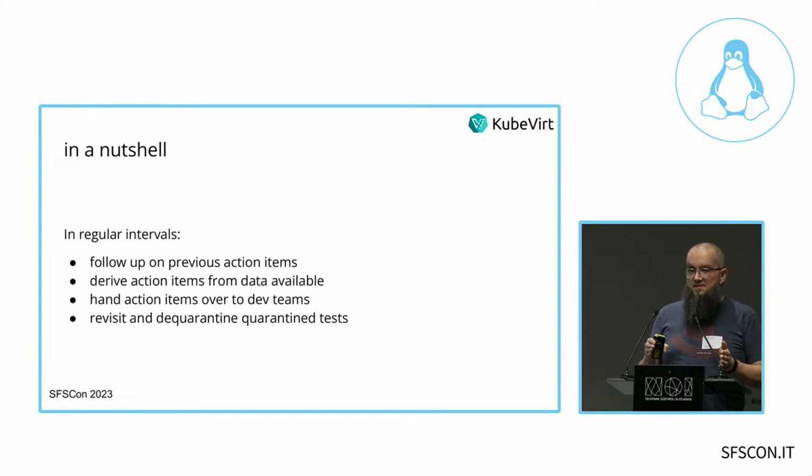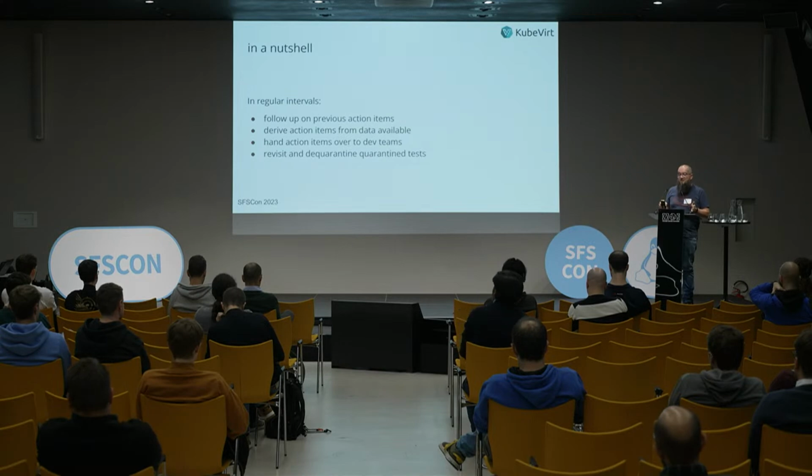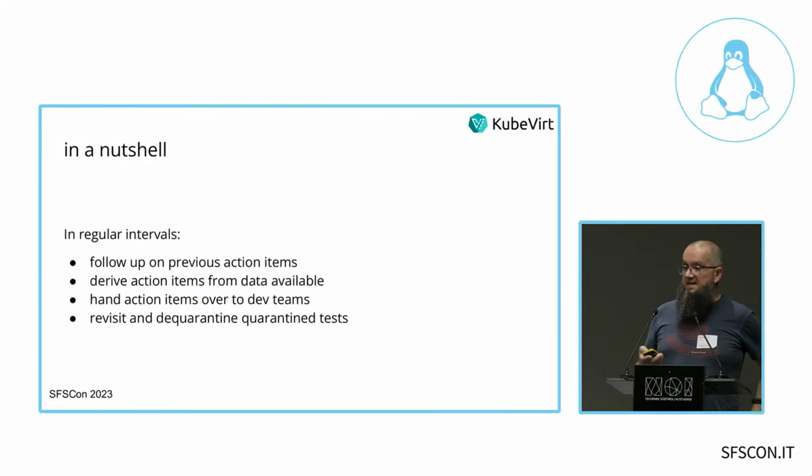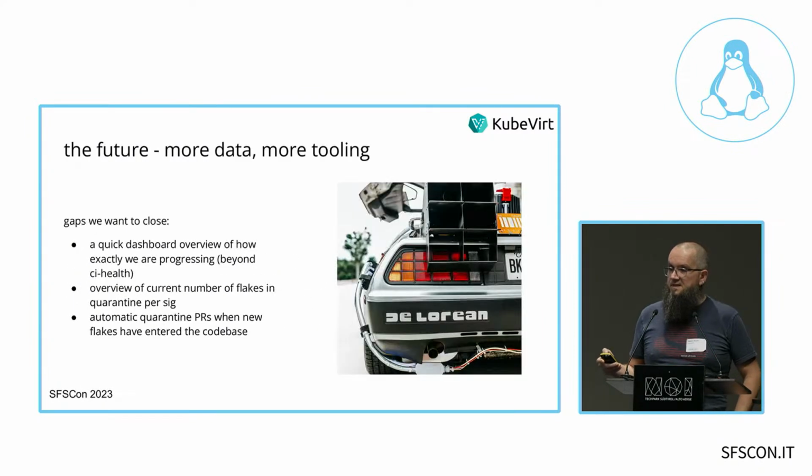Then also this triaging, like what are the worst problems at the moment, where do we need to handle, and derive actions from that and hand these over to the dev teams who are actually responsible for fixing all this. And of course, at some point, take back the stable enough quarantined tests.